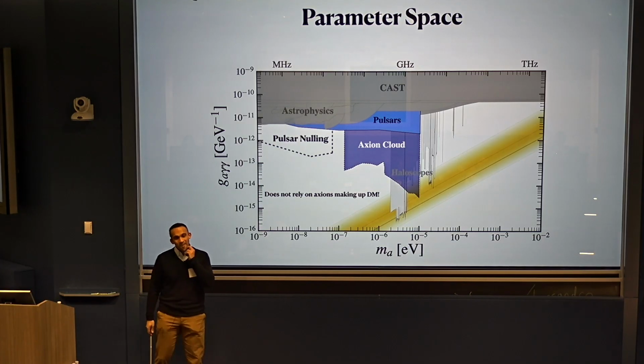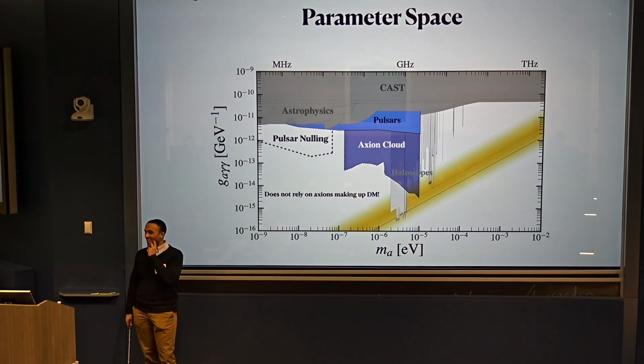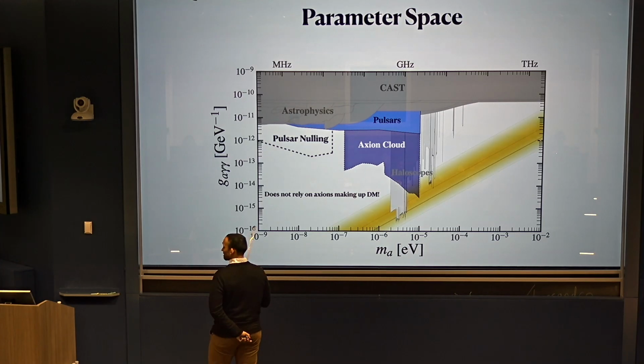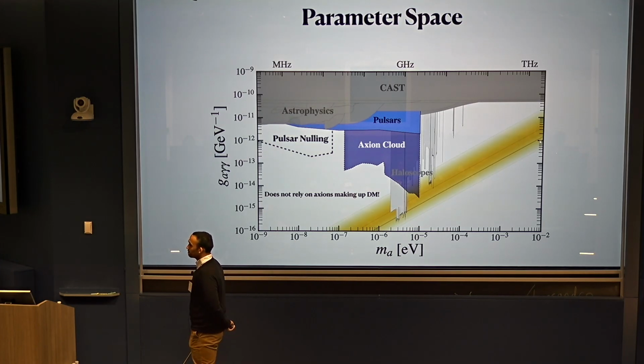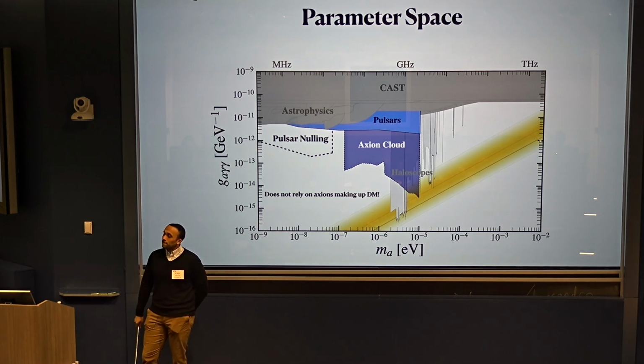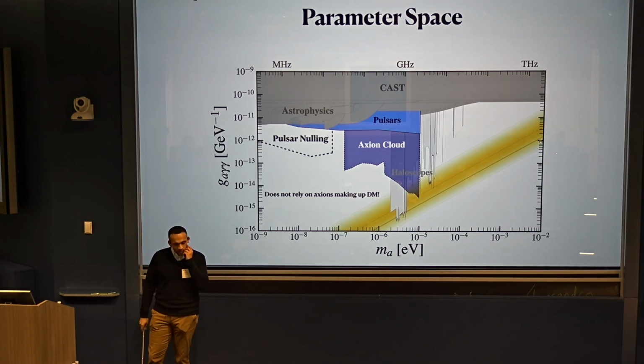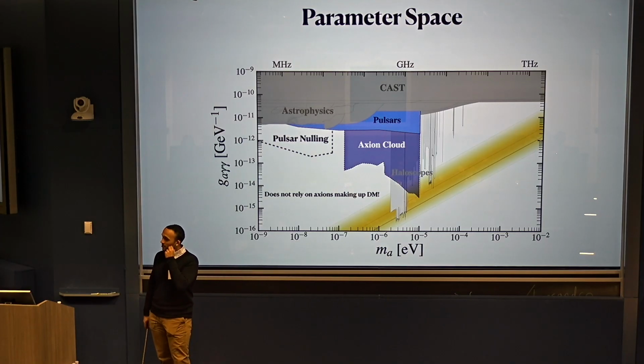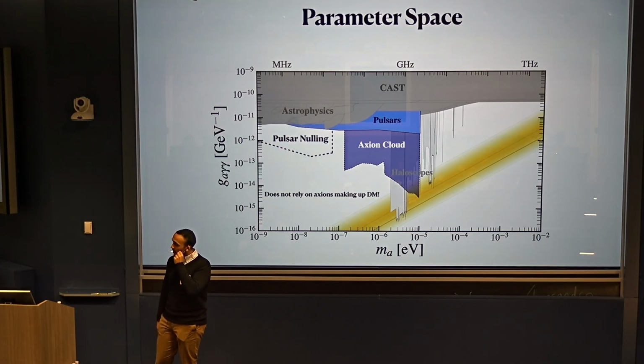I have a question since I have the microphone. The gravitationally trapped particles around pulsars, can you extend that study to magnetars to go up to higher masses? Or what changes? I would like to, but I don't yet know how to produce axions in magnetars. So they don't have this polar cap phenomenon? They might.